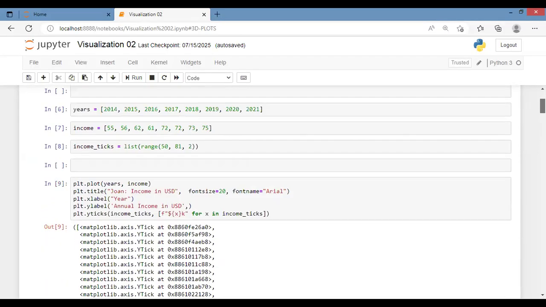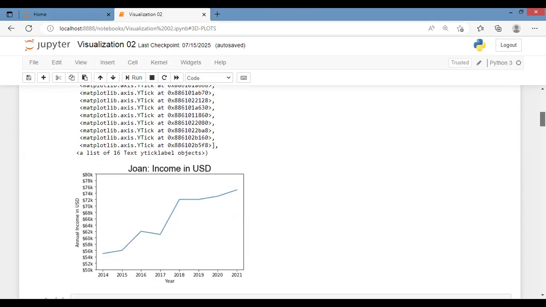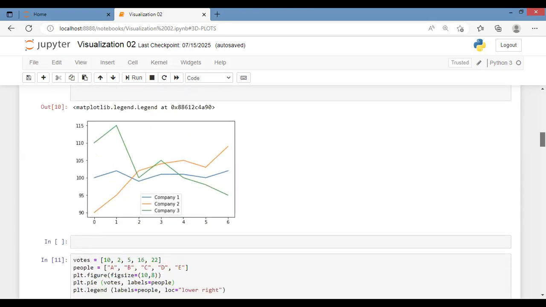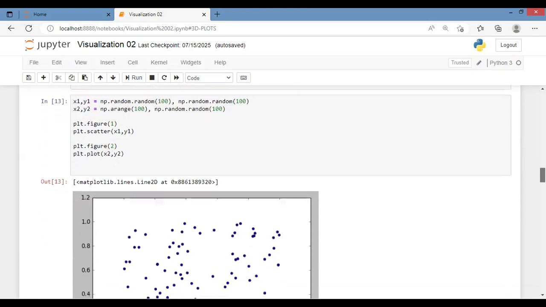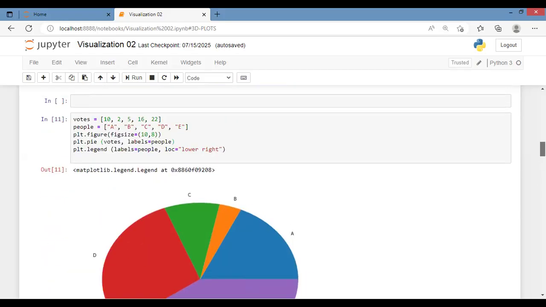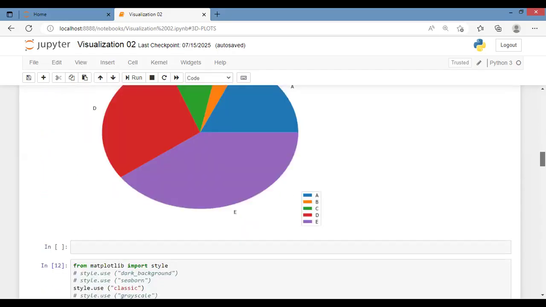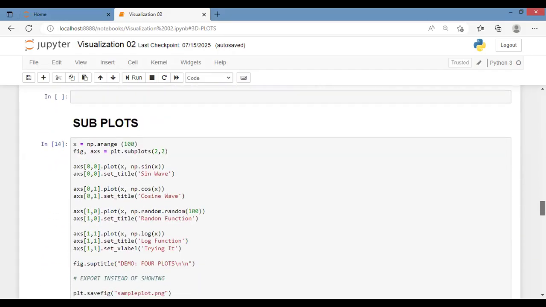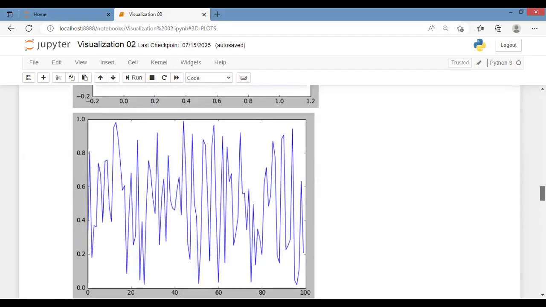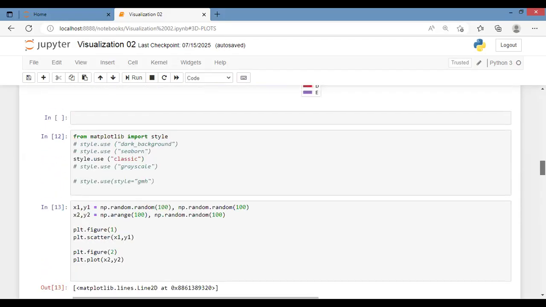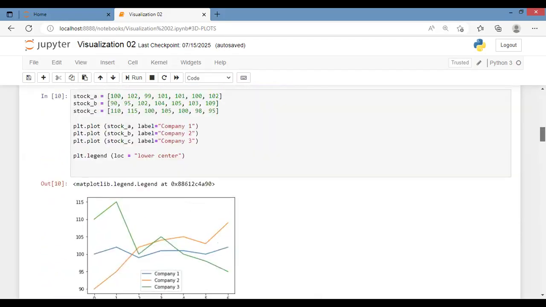We saw how to plot scatter plots, line plots, pie charts, bar charts, histogram, and so on.